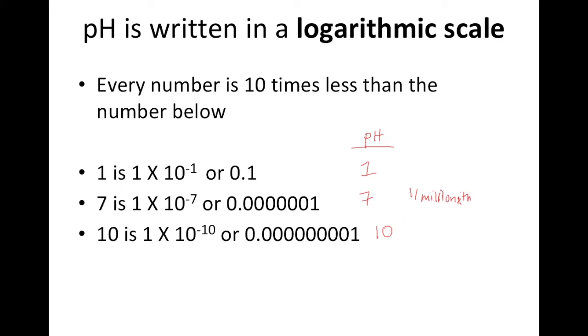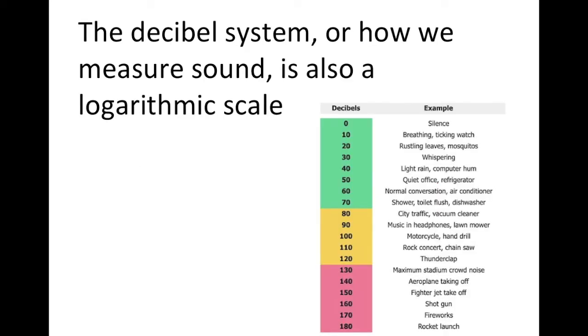So let's go ahead and take a deeper look at what exactly are logarithmic scales and some other things that are made up of logarithmic scales. So the decibel system is how we measure sound, and it's also in a logarithmic scale. Okay, so it's not that breathing is like 10 times louder or rustling leaves is 10 times louder compared to silence.